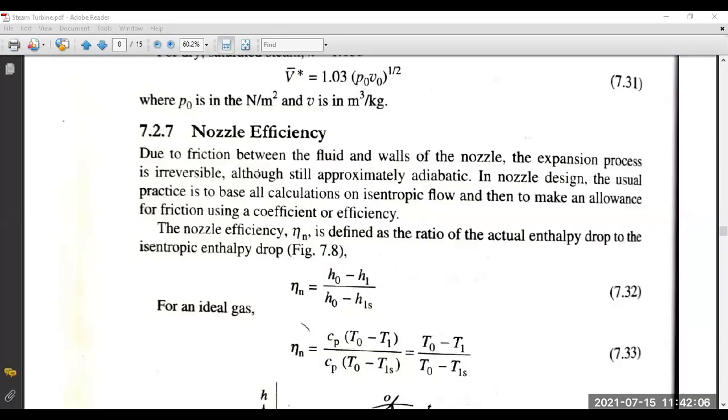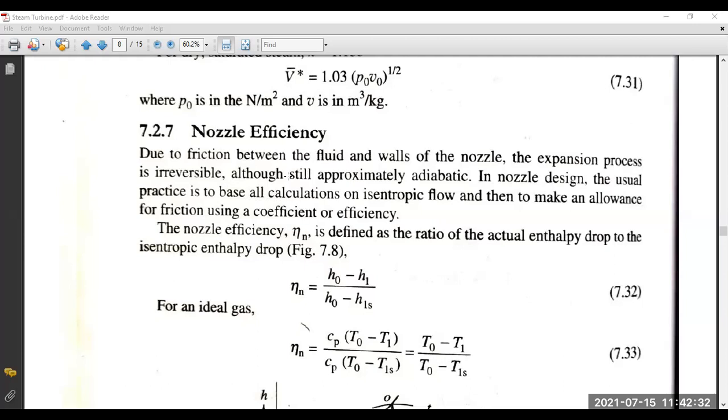Now, the expansion process is reversible, but if there is friction, as we are considering some actual condition, say a fluid flowing in a convergent-divergent nozzle, however polished the surface of the nozzle itself is, there must be some friction between the fluid and the nozzle walls.